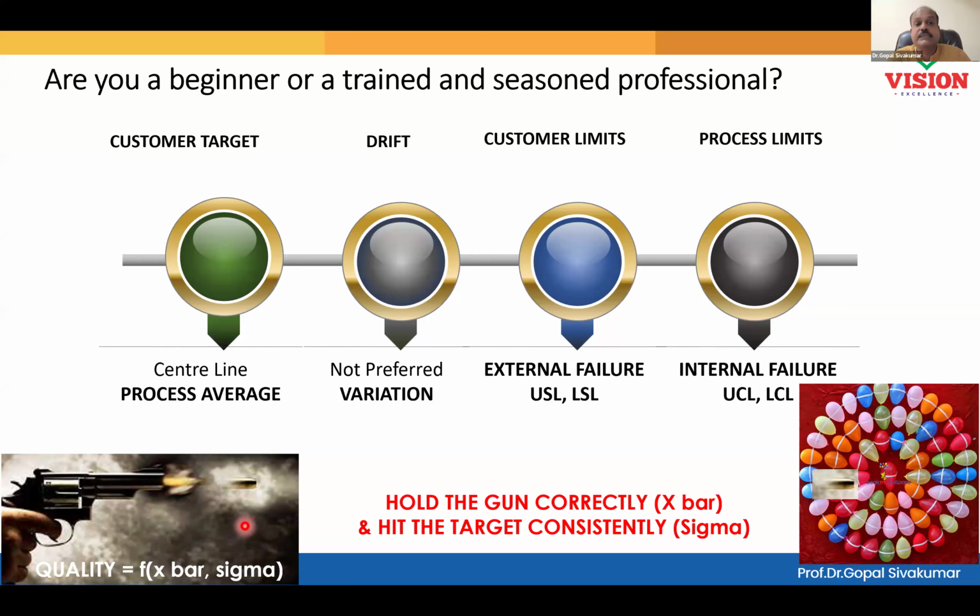If you have good control over the variation, which is sigma, and good control over the average, definitely you can produce a best in class product. All of you understand the equation here? Quality is a function of x bar and sigma. Now, what should be the target for your x bar? Your process average must be equal to what?